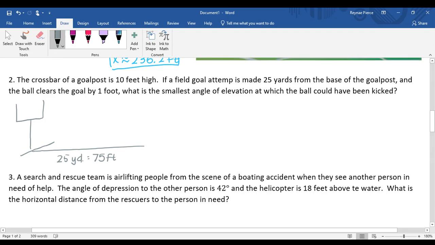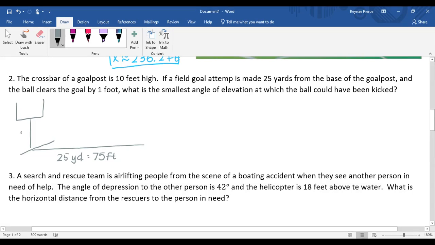It says the ball clears the goal by 1 foot. So what was 10 feet, we want to add another foot for a total of 11 feet. And then we want to know what angle of elevation should the ball be kicked at.